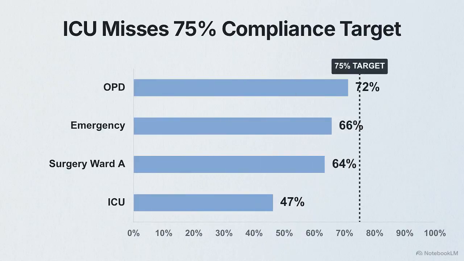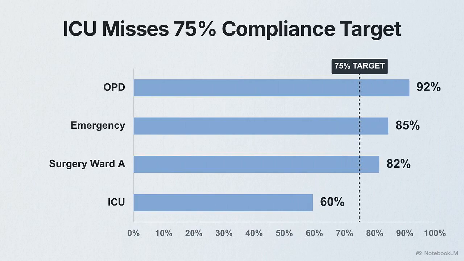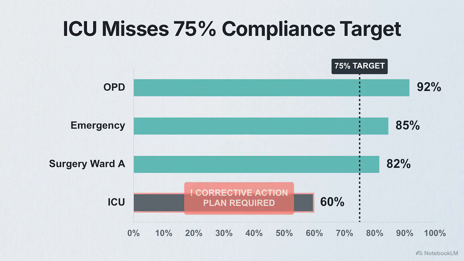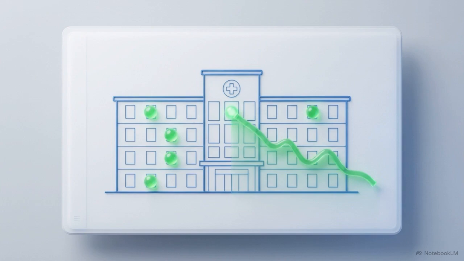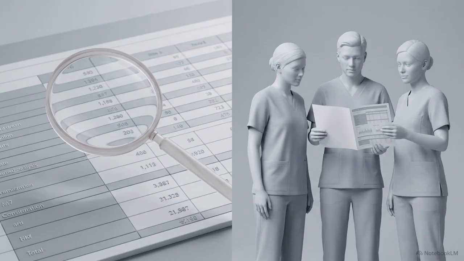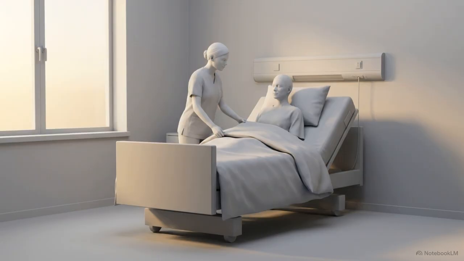If the weekly aggregation shows your department scoring below the 75% overall compliance threshold, the head of department will be slapped with a formal corrective action plan within 2 weeks. This process generates the hospital's vital early warning system. By conducting rigorous observations and logging accurate data, you hold the staff accountable and protect patients from life-threatening outbreaks before they happen.